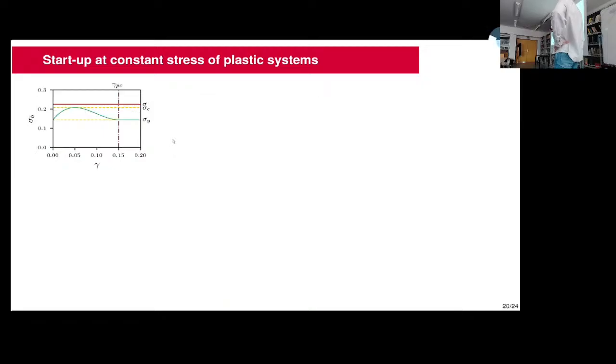Now let's have a look at plastic systems. This actually will again impact the type of creep regime that you can observe. We do the same thing. We apply constant stress above or below the static yield stress. Now sigma c is a reference yield stress.